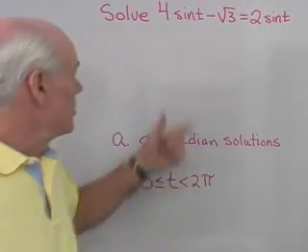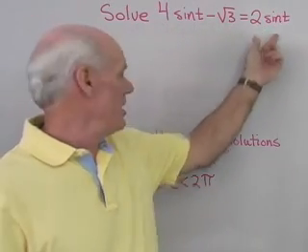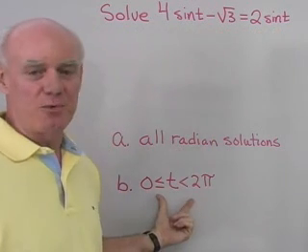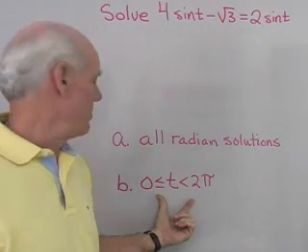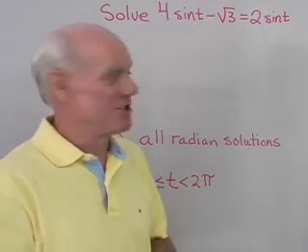Okay, here we have an equation, 4 sine t minus square root 3 equals 2 sine t, and I want to find all radian solutions to that equation, and just the radian solutions between 0 and 2 pi, including 0 but not including 2 pi. Let's see.